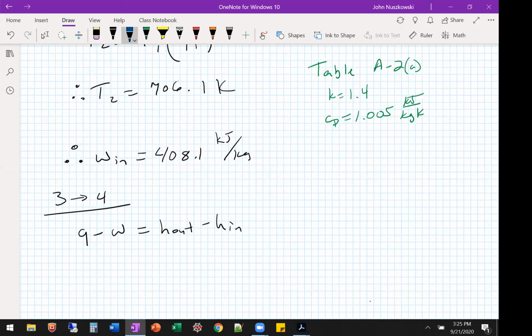We have an isentropic efficiency for something that has an isentropic efficiency. It's adiabatic, right? So then work out is h3 minus h4.